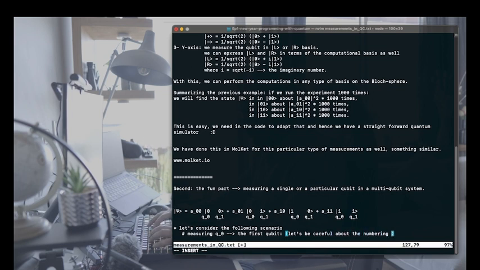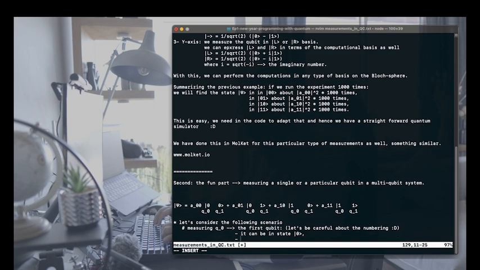And of course, we have to be careful about the numbering, from which qubit we start. So what we mean by the first qubit is just qubit 0. Now this particular qubit, if we measure it, we can find it either in state 0 or state 1.